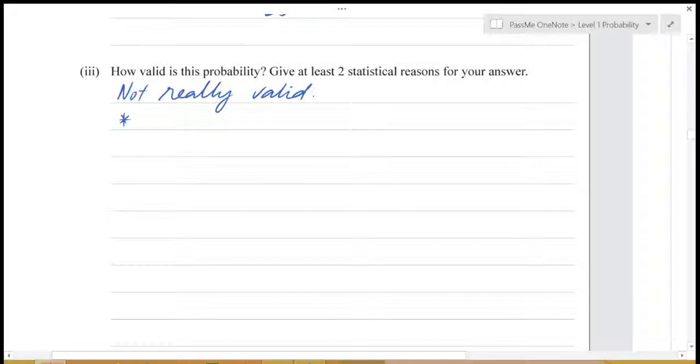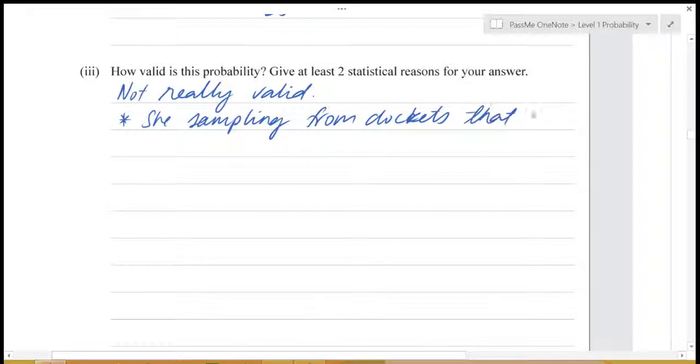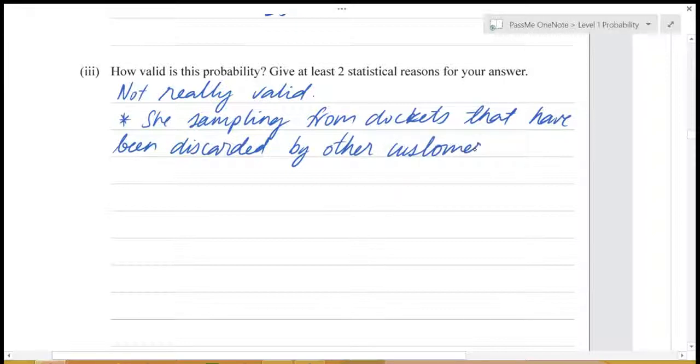So one of the reasons why it's not really valid is that she is sampling from dockets that have been discarded by other customers. Not from actual dockets.